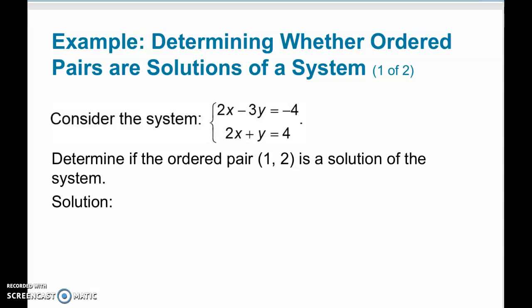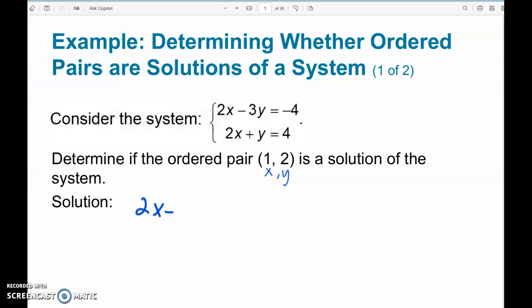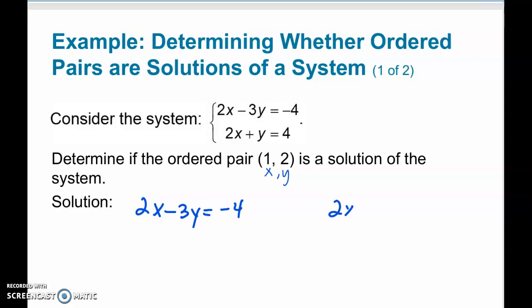So we're given an ordered pair here, 1, 2. This is my x, this is my y. So to determine if this is a solution to this system, we have to check if it works in both. So what we're going to do is write out each equation. So here's my first equation, and here's my second.